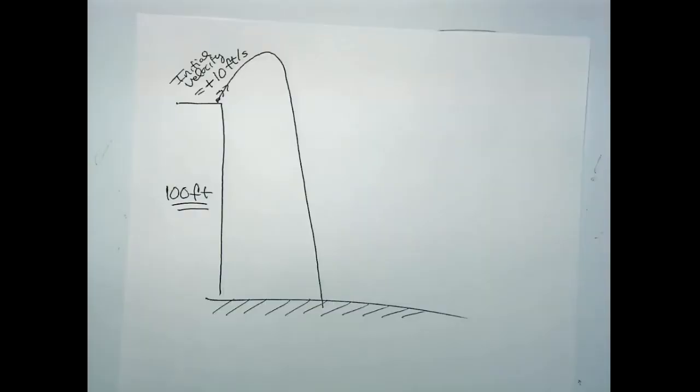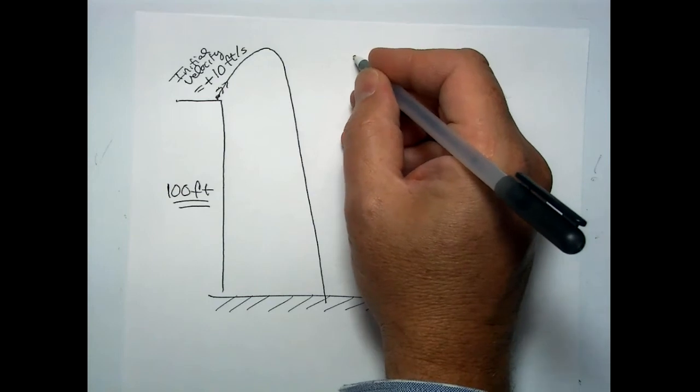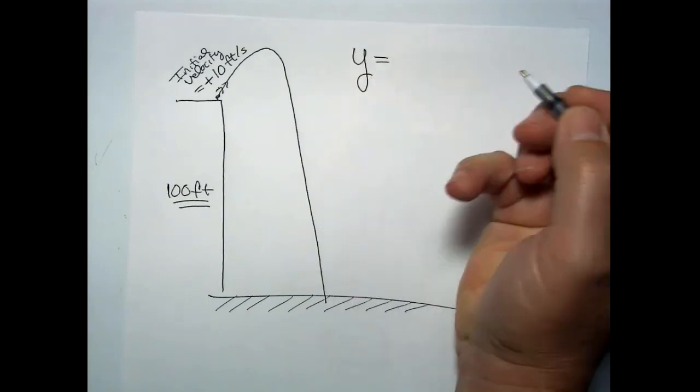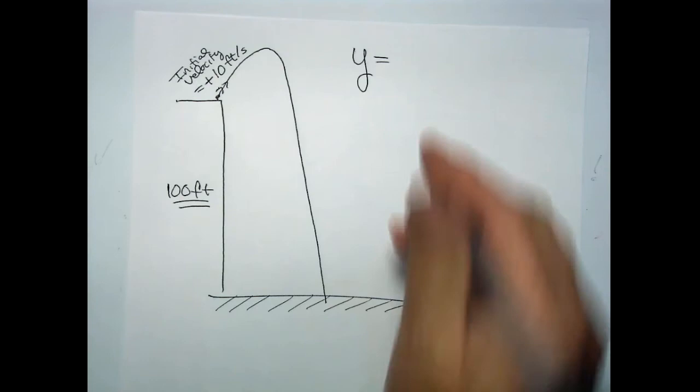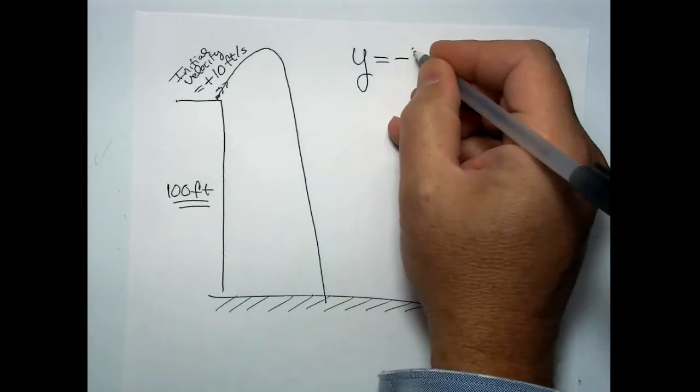So we're going to ignore the wind resistance, and I'm going to give you the position function. In fact, the only position I'm going to give you is y, which is the height. And here's the position function for this particular problem.